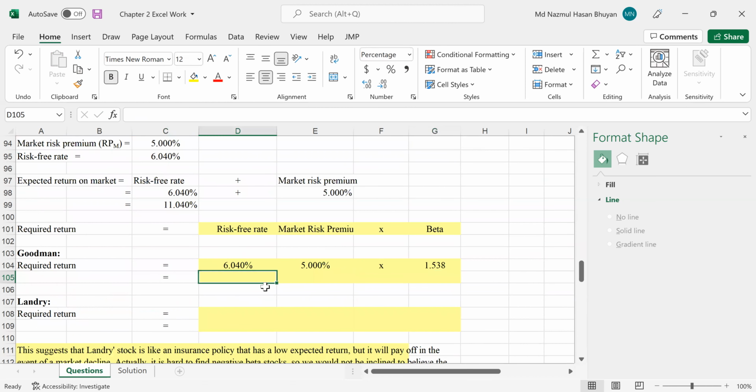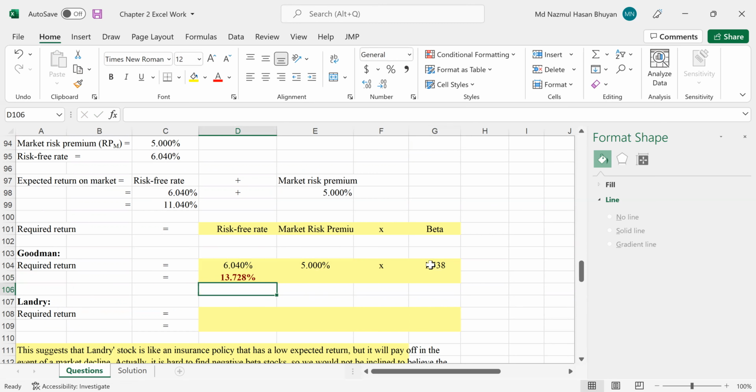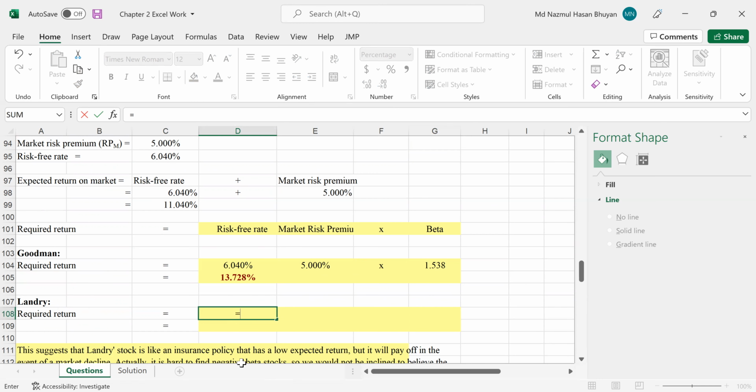Then the required return according to CAPM is risk-free rate plus market risk premium times beta. So the required return for Goodman is 13.73%.